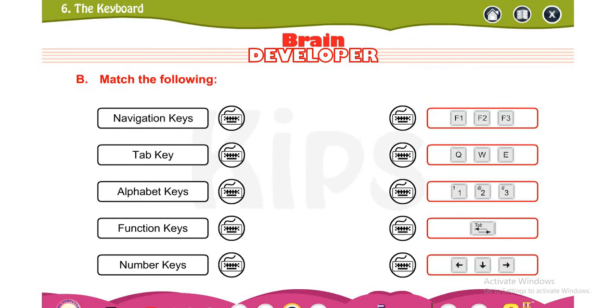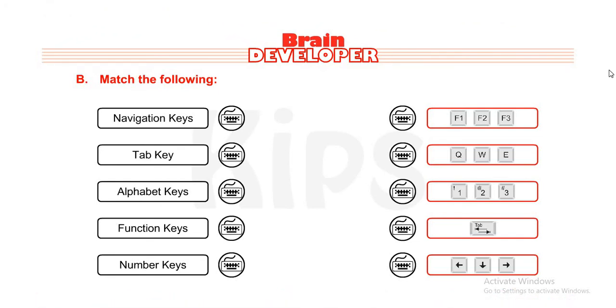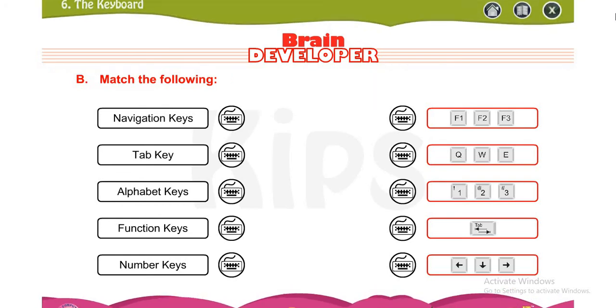Match the following. Now match the following. Navigation key. In your textbook on page number 55 and 56, you have some navigation keys or some functions. Just see, there are functions with the symbols.